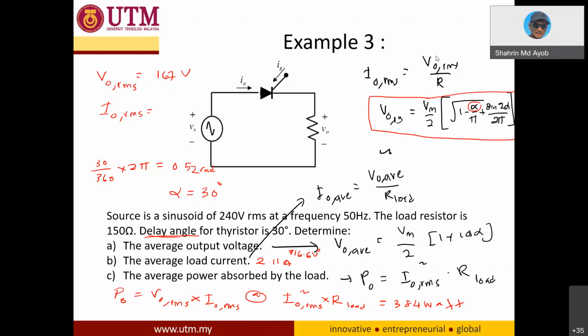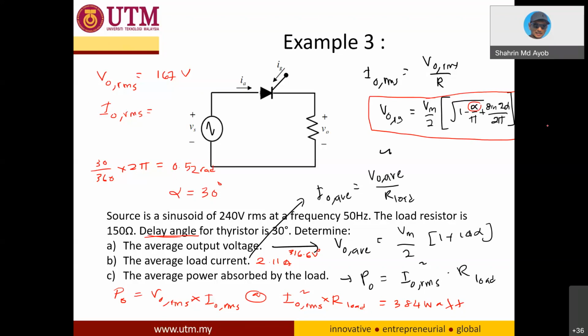Okay, this alpha, you need to convert into radian before you divide by pi. So the conversion is like this. You should get your alpha in radian is 0.52, and then after that you can divide by pi.